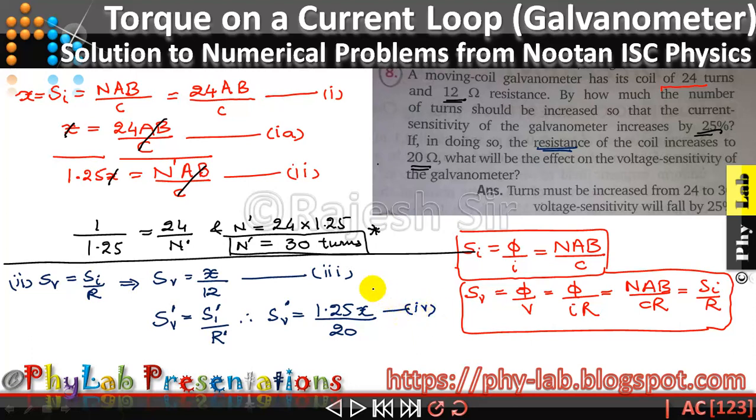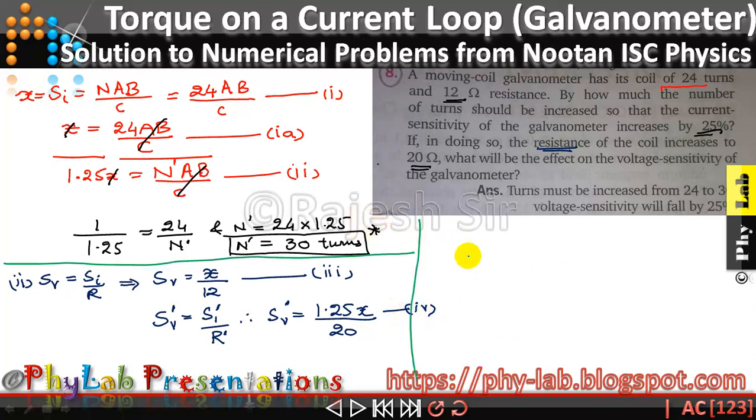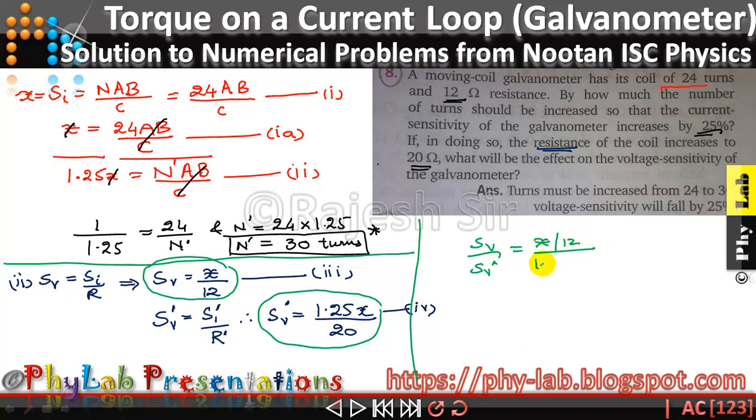So let's compare these two equations and try to solve it out. Now friends, I'm going to divide equation number 3 and 4 side by side. So SV upon SV dash will be equal to X upon 12 divided by 1.25x upon 20.